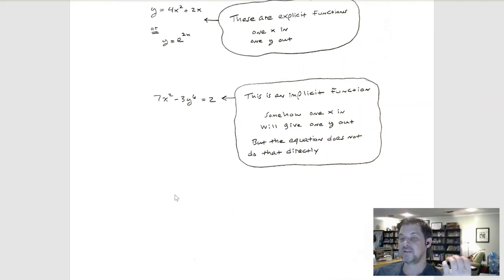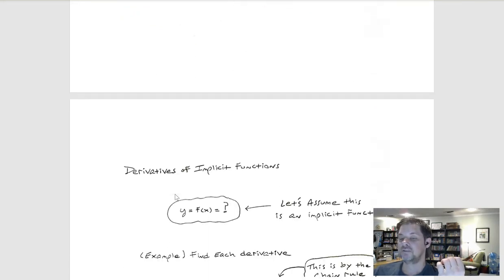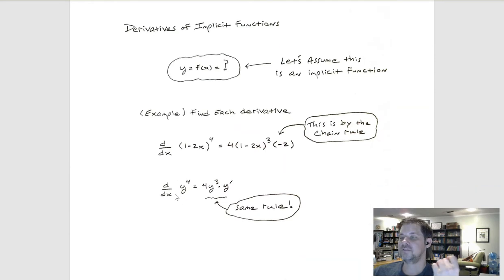Okay, all right. So let's look a little bit further into this. Here's the way that we might develop our procedure. So let's say that y is an implicit function of x. What does that mean? It means that if I give you an x, somehow there's a way to figure out what y is. X goes in, y comes out.